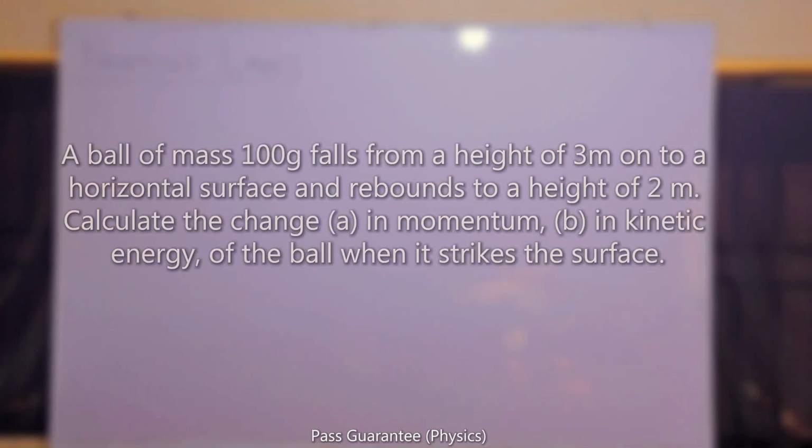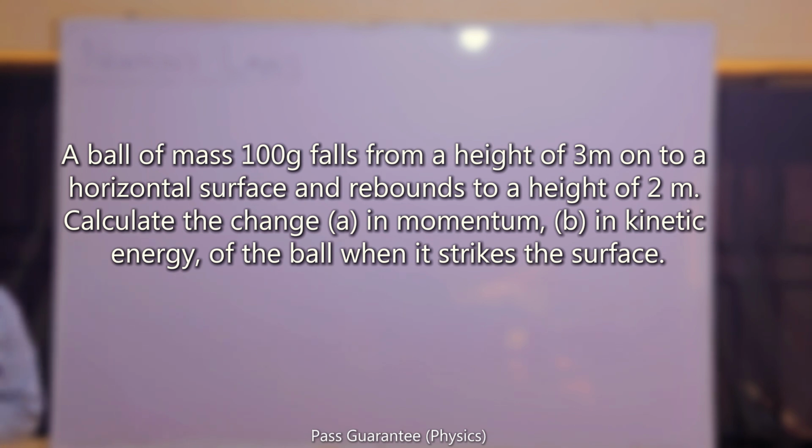Here we are told that a ball of mass 100 grams falls from a height of 3 meters onto a horizontal surface and rebounds to a height of 2 meters. Calculate A, the change in momentum, and B, the change in kinetic energy of the ball when it strikes the surface.